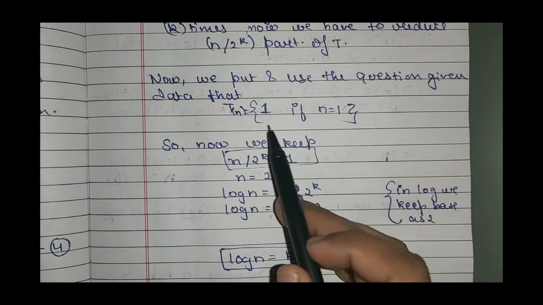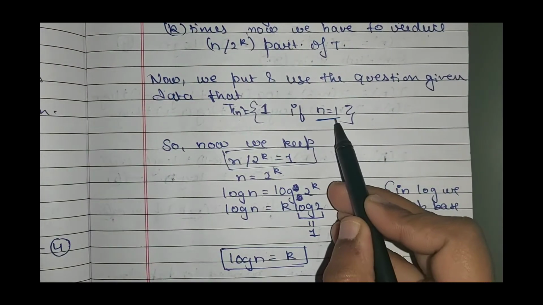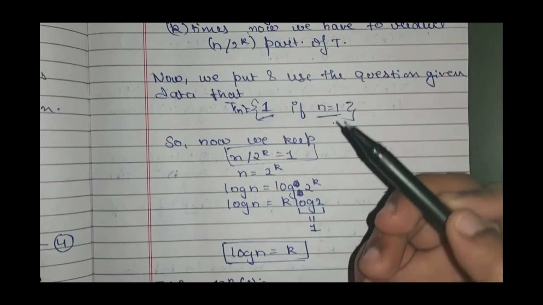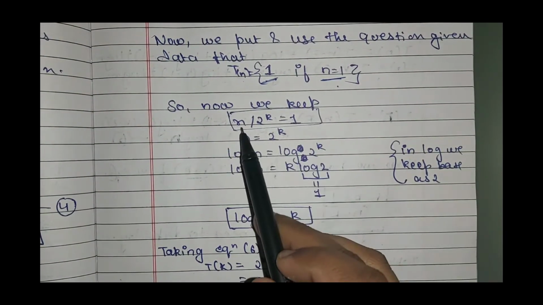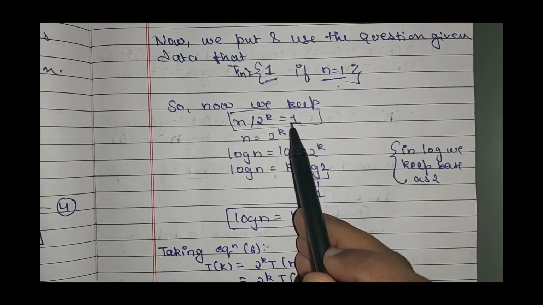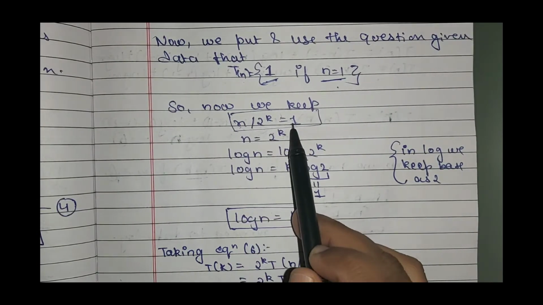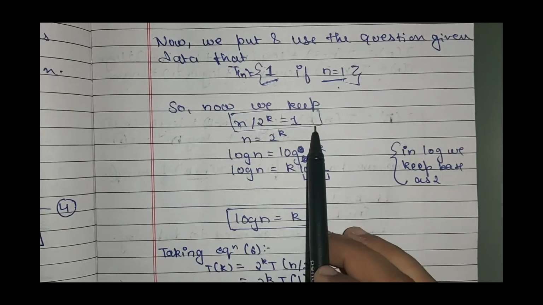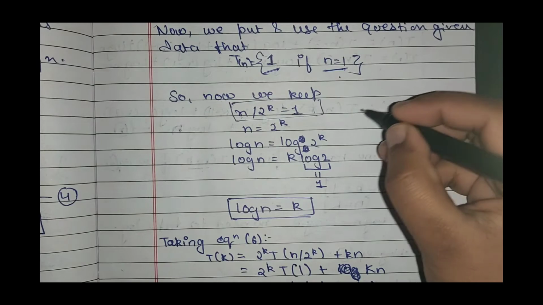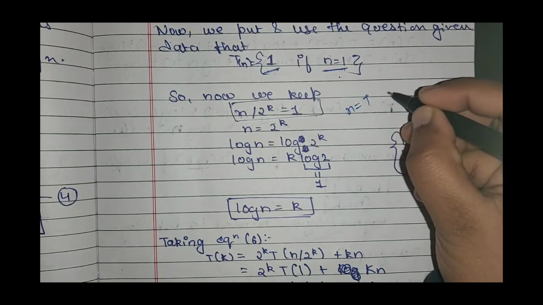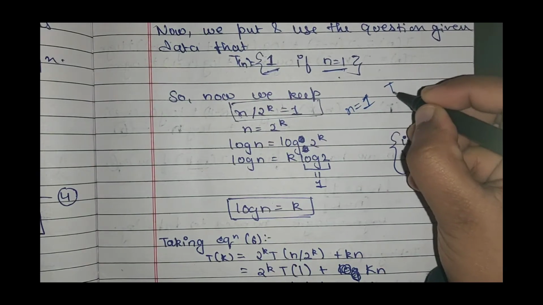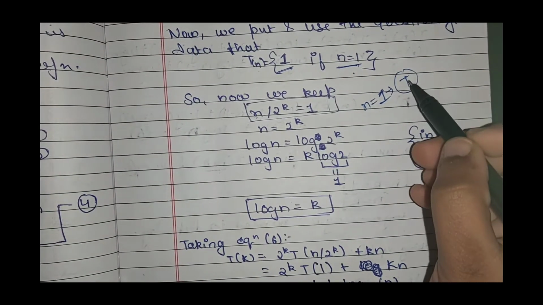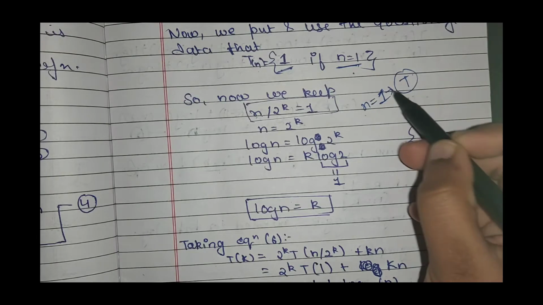So now what we have is that when n is equal to 1, T is 1. We are having T when n is equal to 1. So now we keep n by 2 power k equal to 1, because the function is 1 when n is equal to 1.